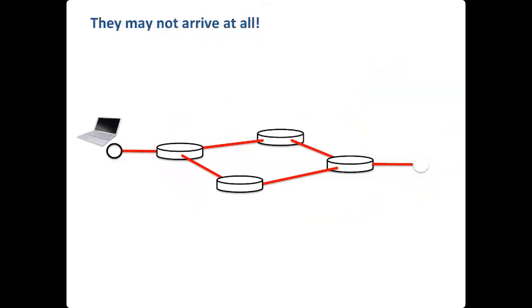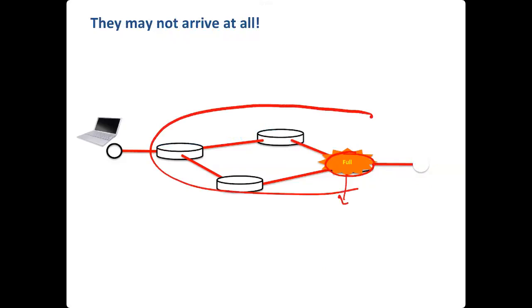Or a packet may get dropped in between. Like here, if the buffer here is full, this router will simply drop the packet. Now you cannot blame the internet for this dropping of packets. The internet will say it's none of my responsibility.